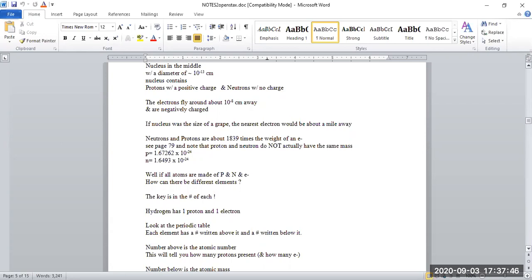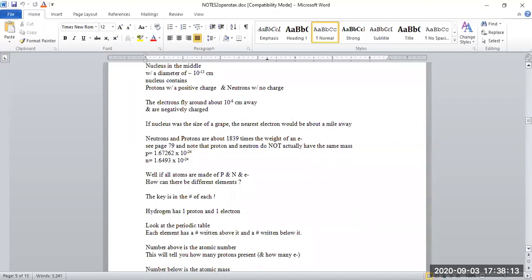So think ping pong ball versus bowling ball in terms of their comparison. Something that middle school and to some degree high school texts tend to tell you, which is not actually exactly true, is that protons and neutrons are the same thing, when in fact there is a little bit of difference.